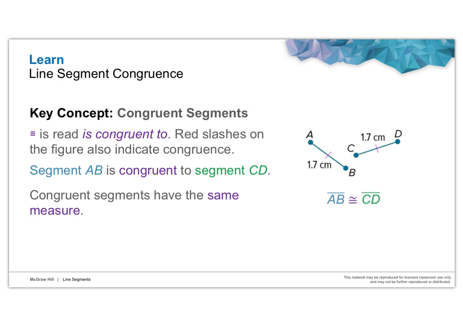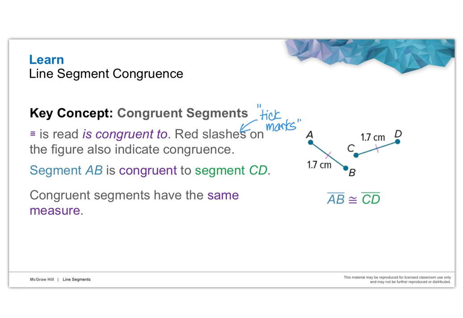Notice it says red slashes on the figure also indicate congruence. I just want you to take note of the fact that most often these are referred to as tick marks. And if you look in the margin at the study tip right here, you'll see that phrase as well, tick marks on the figure also indicate congruence.